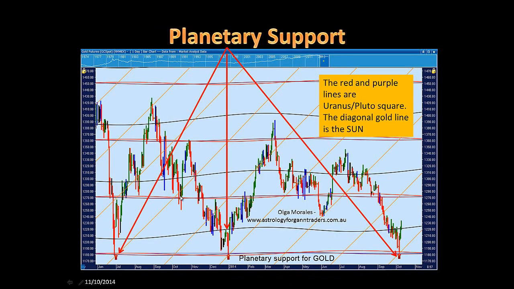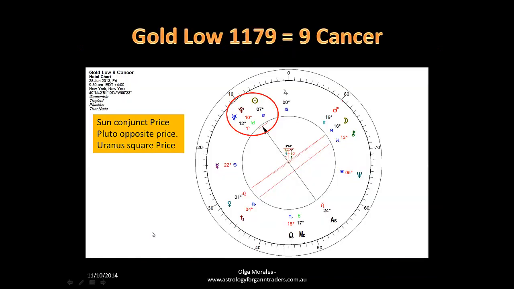This first point here is where gold was at 1179, which translates to 9 degrees of Cancer. This is my 90-degree dial, so when we're pointing to the cardinal sign, which is the first 30 degrees on this side, you can see I've put the pointer to 9 degrees here, which is 9 degrees of Cancer.